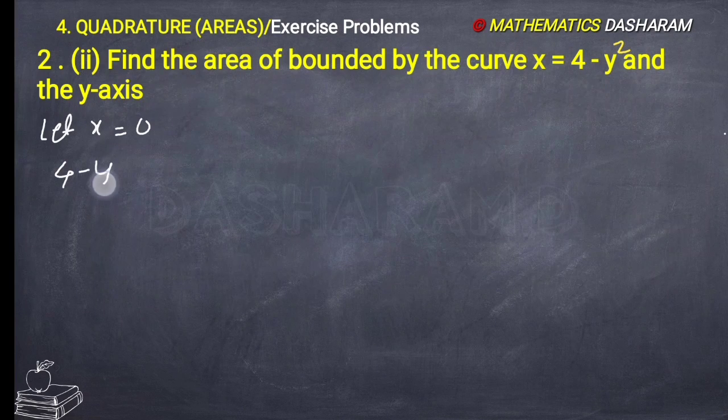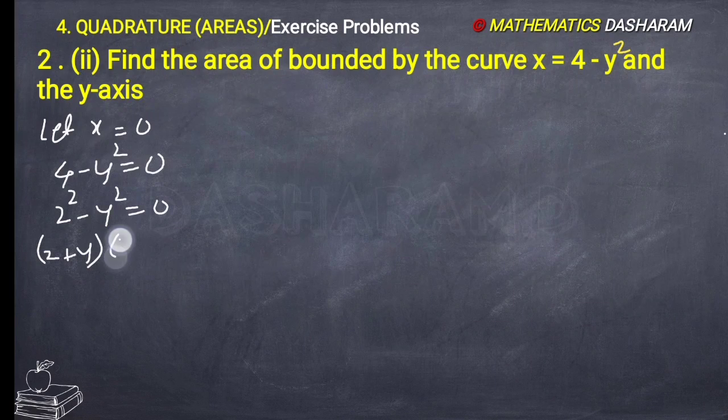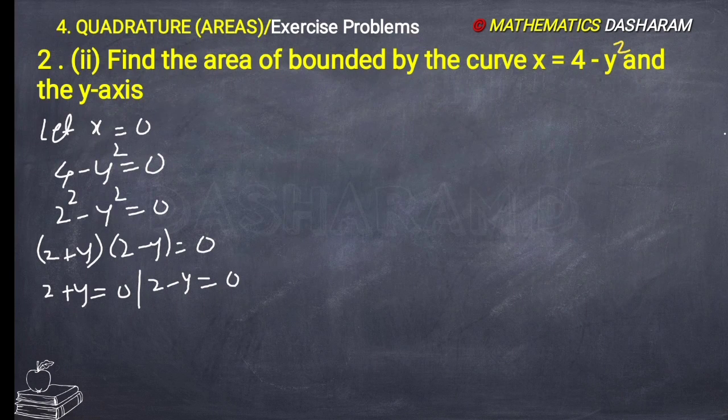So 4 minus y square equals 0. So 4 can be written as 2 square minus y square equals 0. Here the a square minus b square formula: a plus b into a minus b equals 0. 2 plus y equals 0, 2 minus y equals 0. So y equals minus 2, and y equals 2.